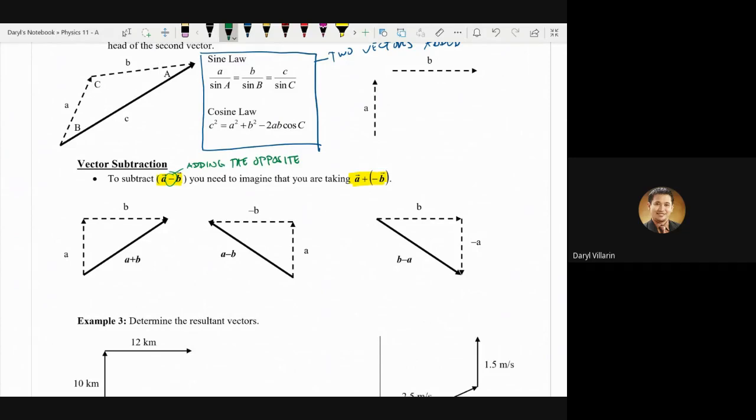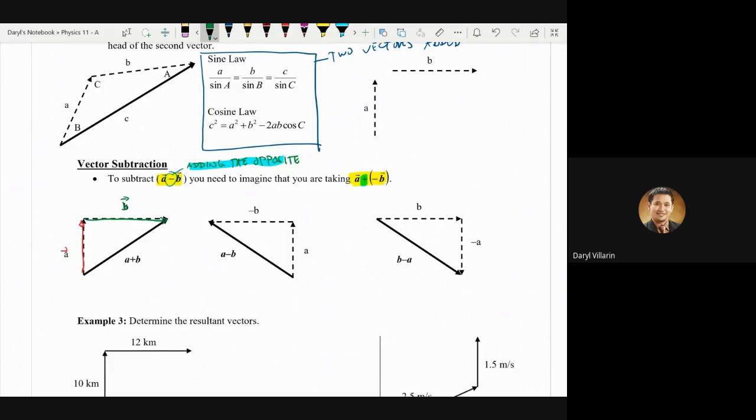That's why you can actually express that one as a plus the negative of b. So if you are subtracting vectors, just try to remember that it is the same thing as adding the opposite of that vector. Okay, so let's take for example here, this is vector a added with vector b.